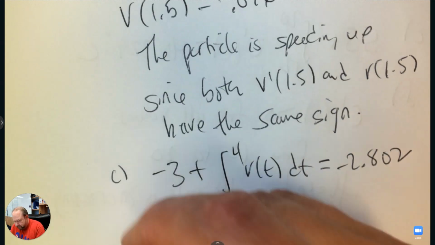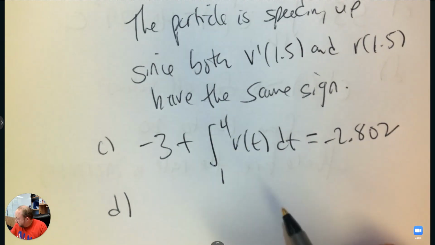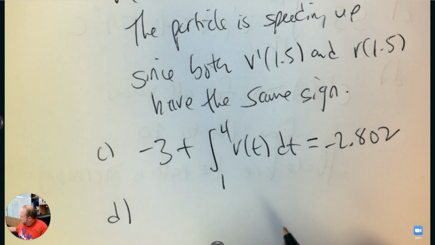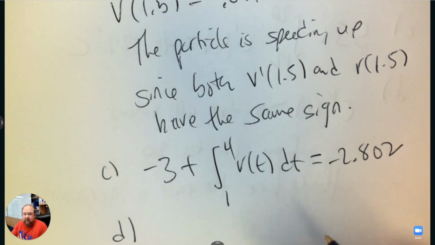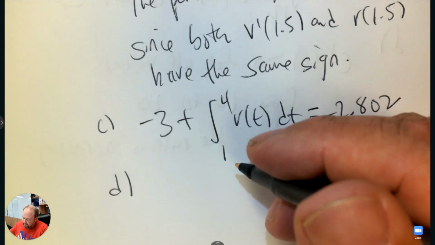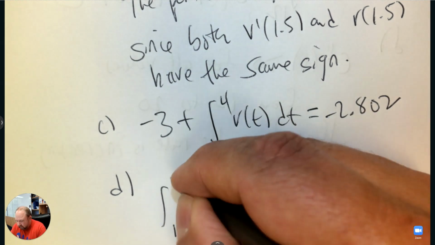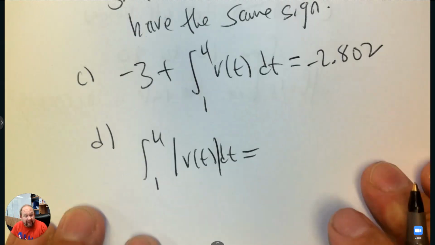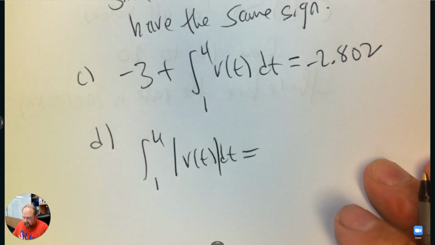Part D says to find the total distance that it went. Total distance is the absolute value of velocity, so we're going to integrate from 1 to 4 the absolute value of velocity. That's how we find the total distance.